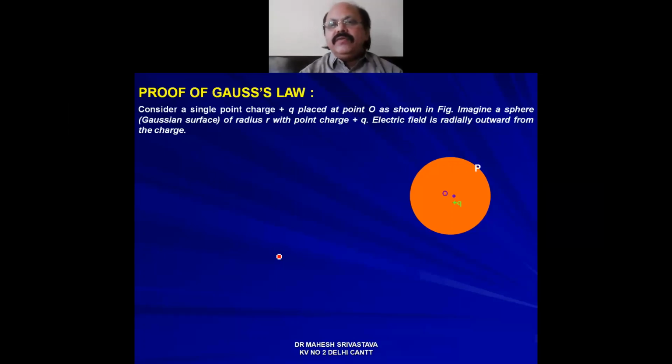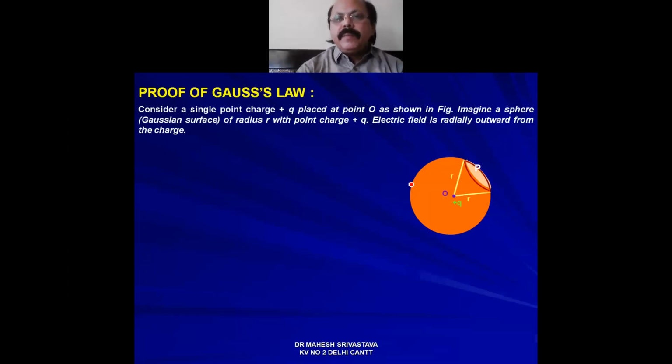From the definition, you also understand that if we place a charge at its center, then the distance of every point on the surface of this sphere is the same. So the electric field intensity at every point on its surface is the same, and the flux is also normal at every point. Right? So for deriving Gauss's law, first we have to choose a Gaussian surface.